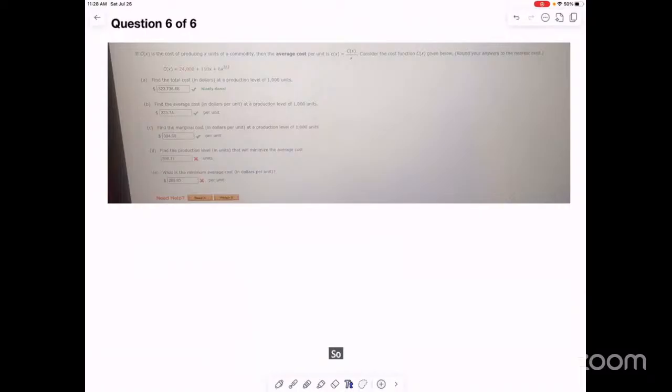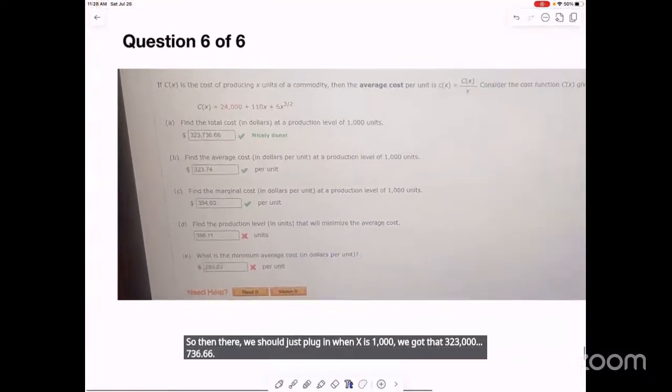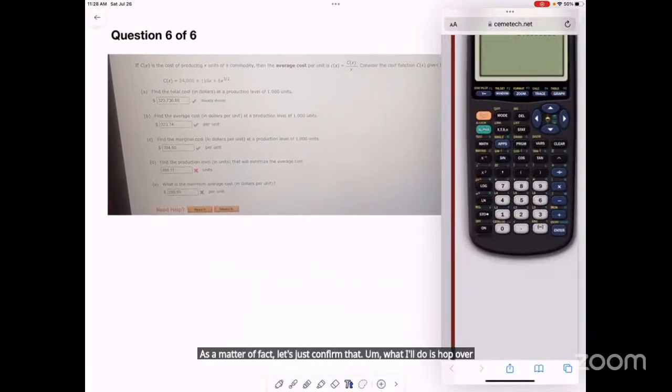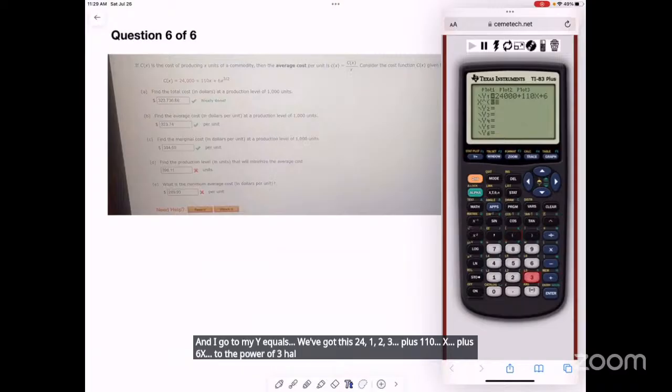So then we should just plug in when X is 1,000. We got 323,736.66. Matter of fact, let's just confirm that. What I'll do is hop over here and go to my Y equals. We got this 24,123 plus 110x plus 6x to the power of 3 halves.